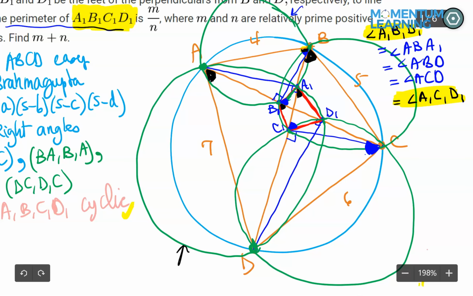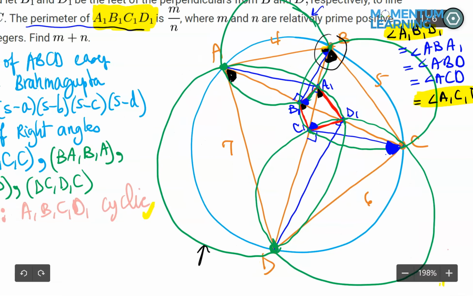So if you look at angle ABC, we established that that's the same thing as A1, B1, C1. We could have done similar arguments to establish all the rest of the angles. So not only is A1, B1, C1, D1 cyclic, but in the second step, we established that the second claim as well is proven.